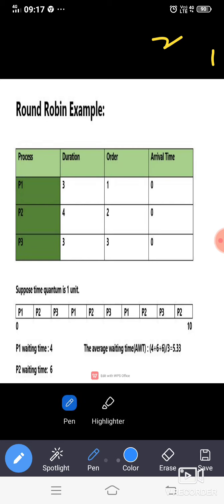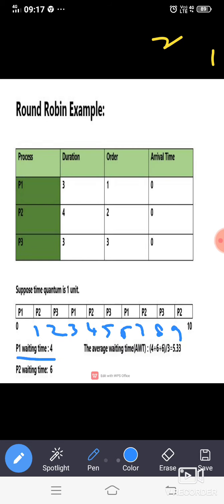First we need to write this: 1, 2, 3, 4, 5, 6, 7, 8, and 9, right? So P1's waiting time is 4. Why is it saying P1's waiting time is 4? See here.